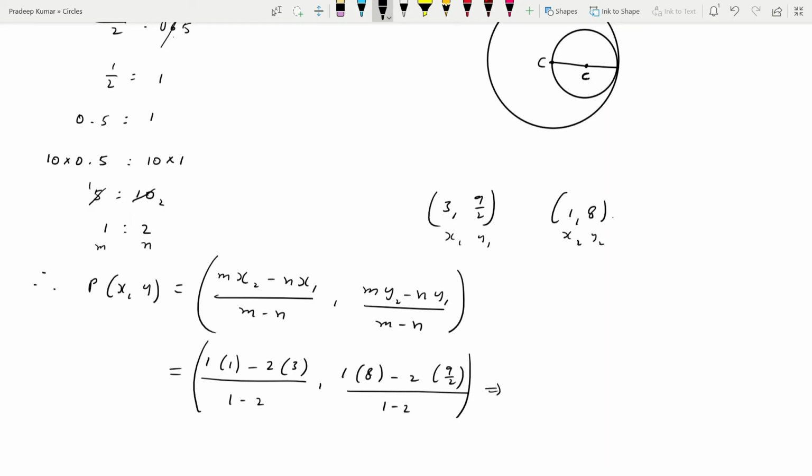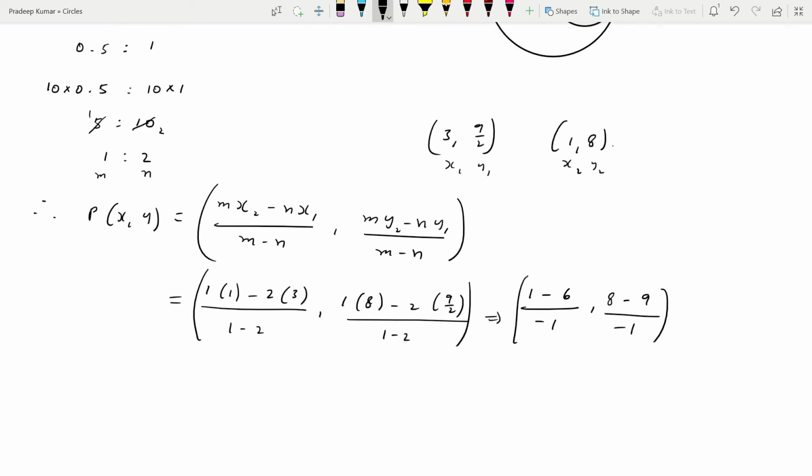I can write this as 1 into 1 is 1, minus 2 into 3 is 6, by 1 minus 2, which is minus 1. And 8 minus 9, where the 2 can be cancelled. 1 minus 2 is minus 1 as the denominator. So let's solve this further. 1 minus 6 is minus 5 by minus 1, and this is minus 1 by minus 1 that we're getting.